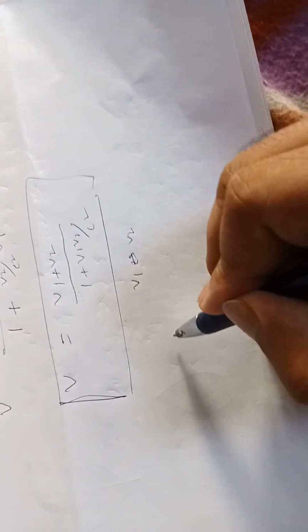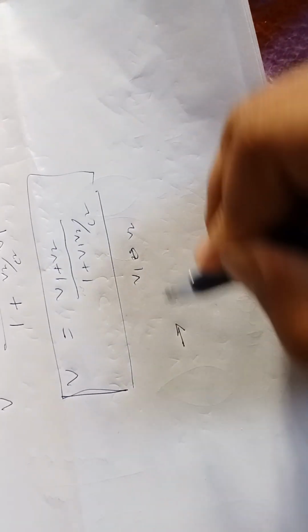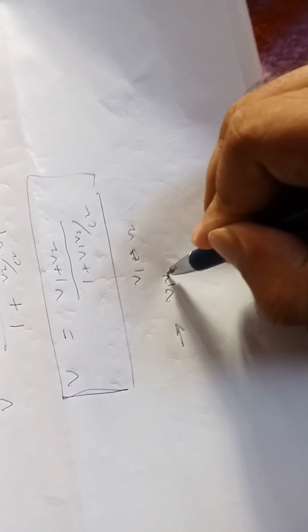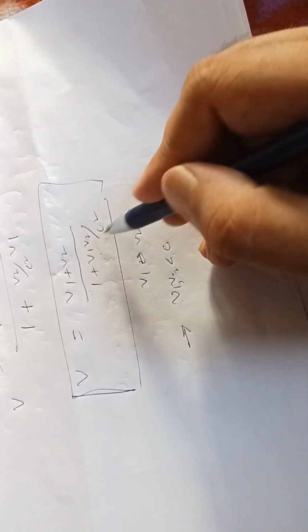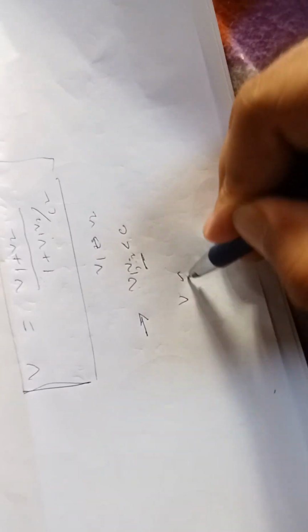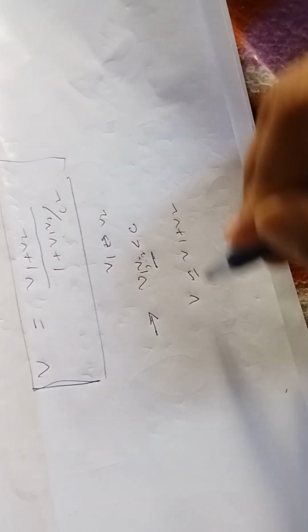Second, if v1 and v2 are both much less than c, their product divided by c square is negligible, so I can drop the second term in the denominator, and v will be nearly equal to v1 plus v2. This is the very famous classical result.